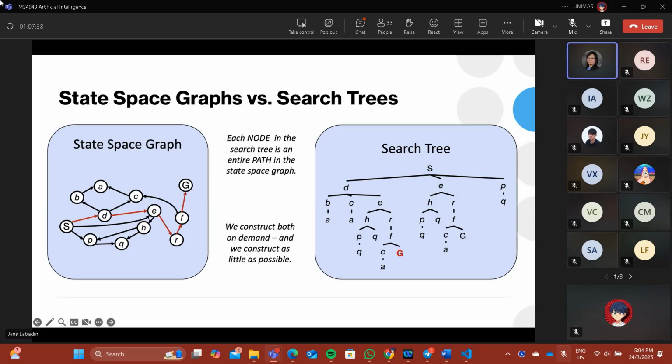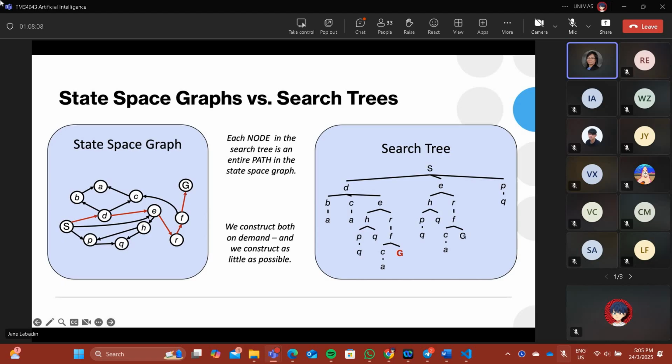If we follow the far left branch D, and your goal is G, then you look at the children of the search tree at the bottom.